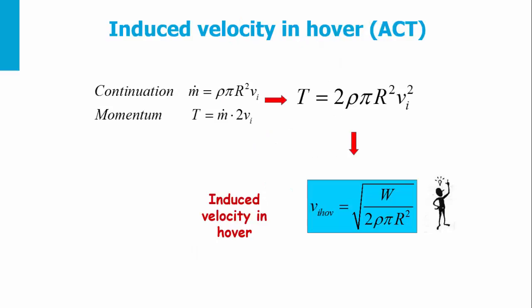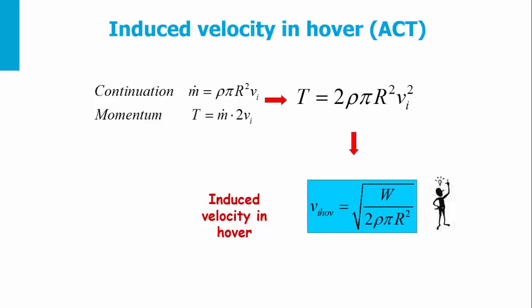From the actuator disk theory, one can deduce the induced velocity in hover. You will have to look first at the demonstration of the actuator disk theory. Here we apply two principles: the principle of conservation of mass flow rate, m dot, and the principle of conservation of momentum.